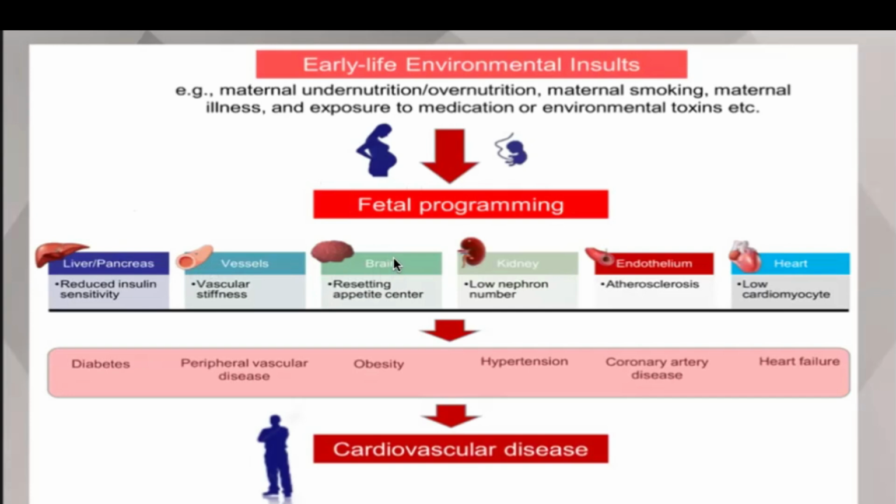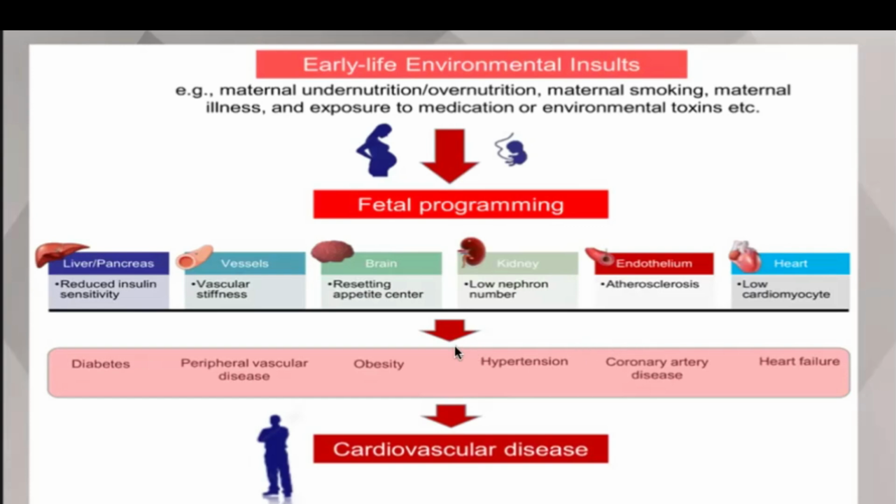And we see different wiring of the brain during pregnancy. And later on, we see higher levels of things like ADHD and autism. And then another one is the heart, and we see these low cardiomyocyte levels. And the cardiomyocytes are the heart cells that are important for the beating of the heart.